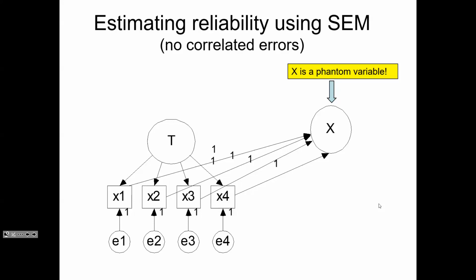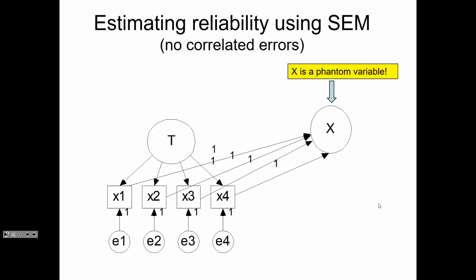So one way to estimate reliability, again, this assumes no correlated errors, is just to fit a model that looks like this. Look at the model implied correlation between the true score, which is that latent variable, and our weird phantom variable proxy for the composite score. Take that correlation, square it, and that will be the proportion of true score variance to observed variance, which will be the estimate of reliability in our model.